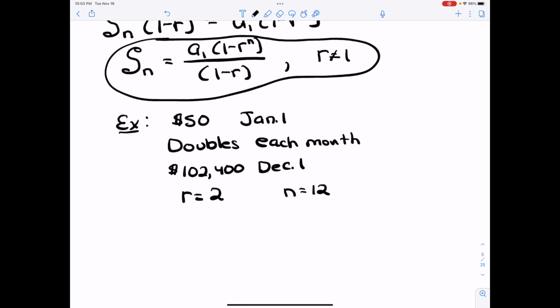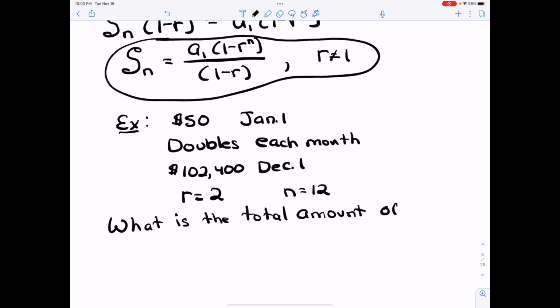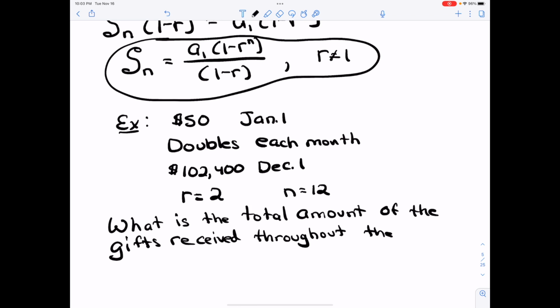And what if we want to know what is the total amount of the gifts throughout the year? So when I first posed this question, we were dealing with the matter of the sequence and trying to find that last term in the sequence.